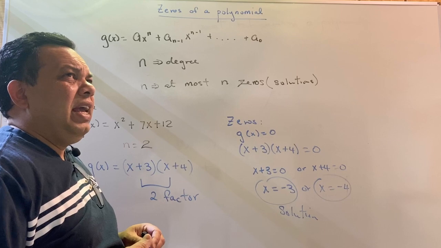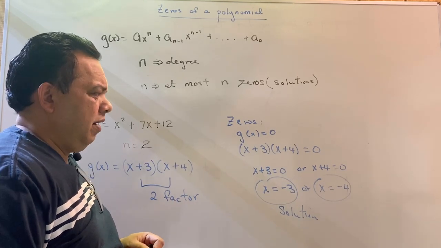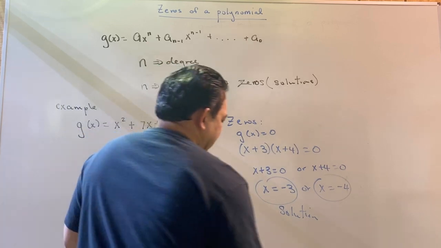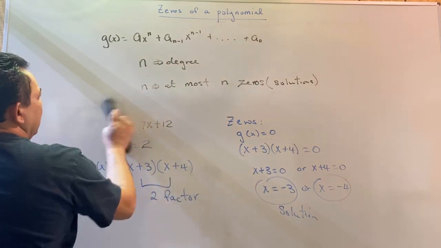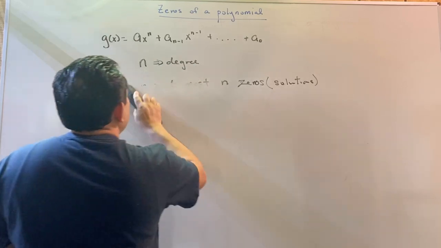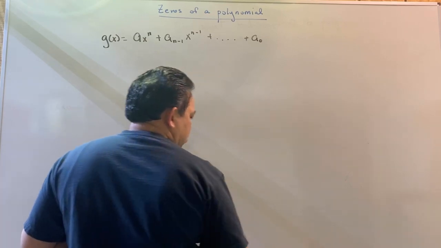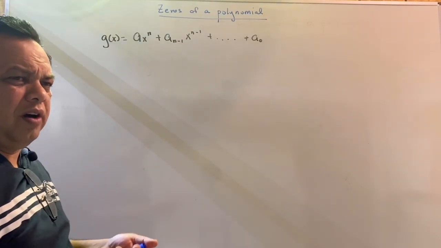Well, if you're given a cubic equation, let's say the degree is 3, it is not very likely that you can solve a polynomial of degree 3 directly.